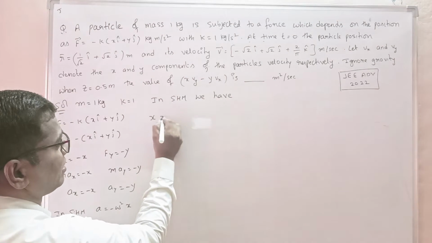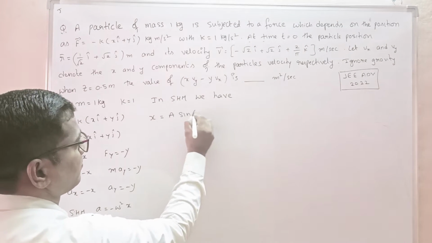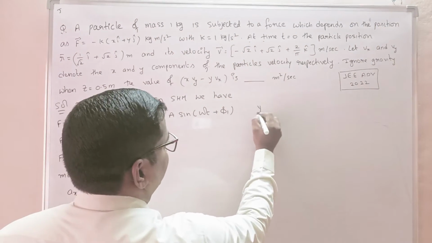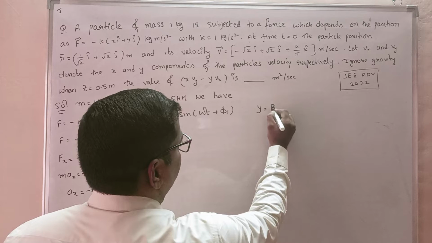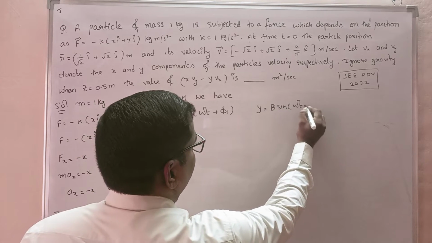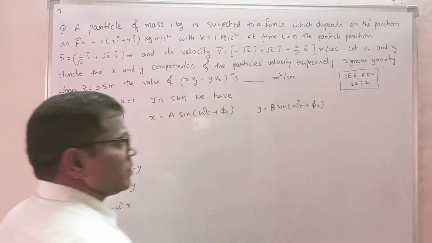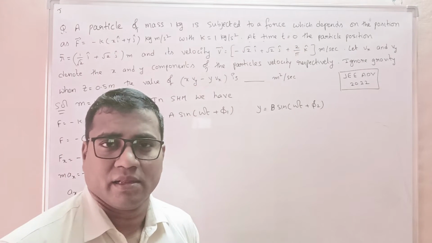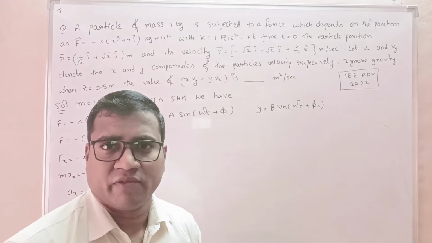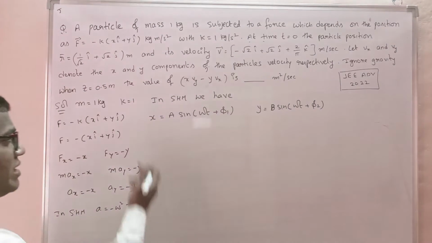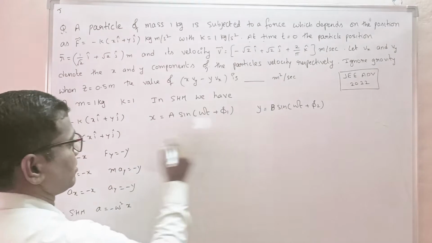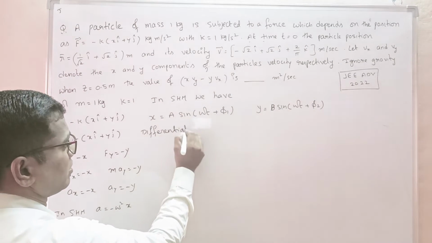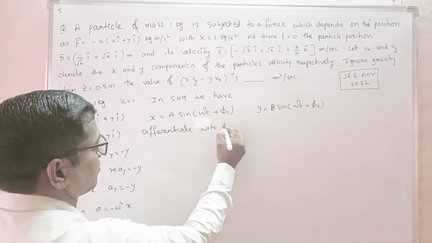So in SHM we have the position of the particle x = a sin(ωt + φ1) and y can be written as b sin(ωt + φ2). These are the general equations which represent the position of the particle in SHM. So we write the x value and y value, and differentiate with respect to time.